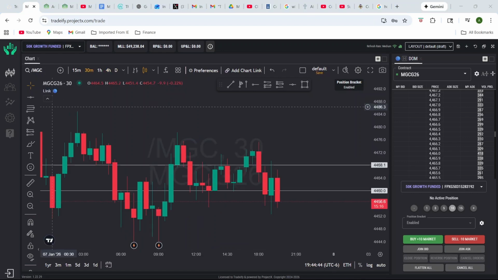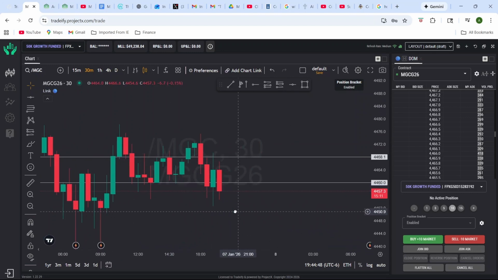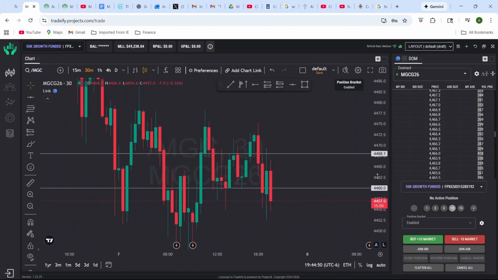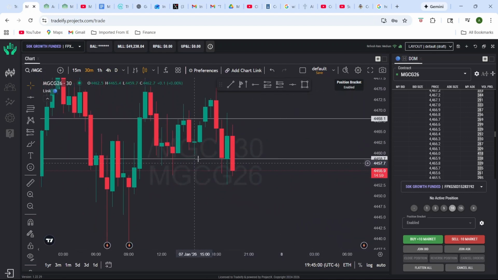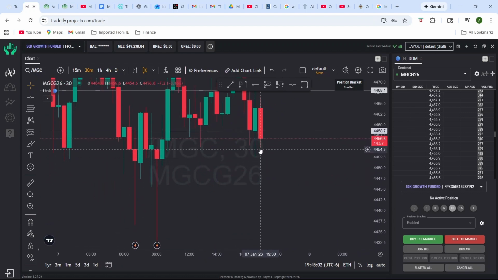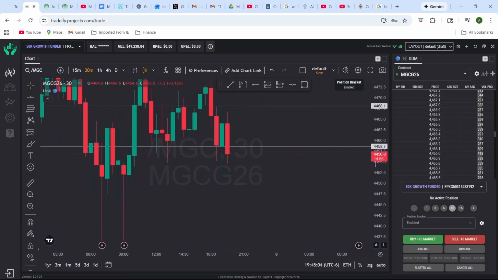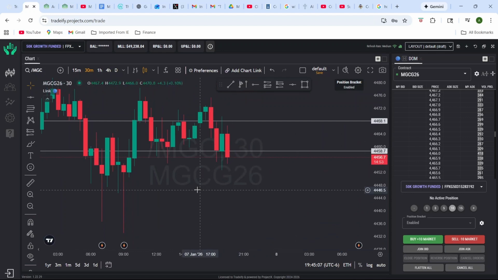All right, so we are looking like we could possibly be taking a trade now. I'm liking this 30-minute closing below this resistance here. Yep, I like it closing here below this support. It closes below this support, giving us that extra confirmation that it wants to continue further.